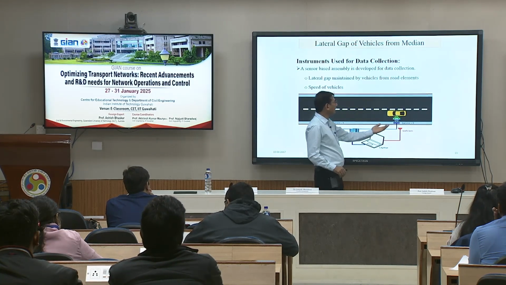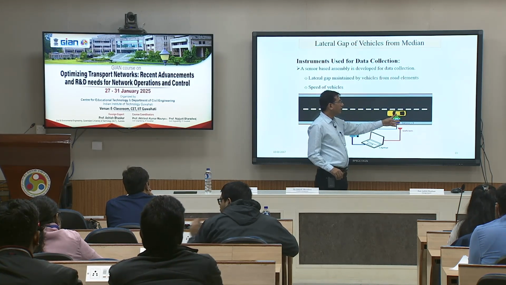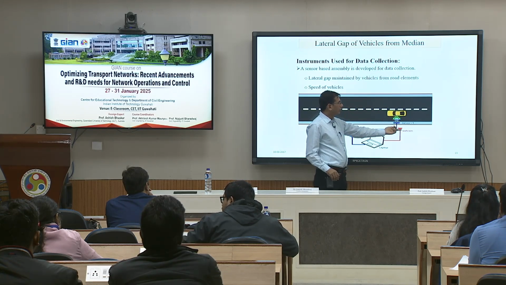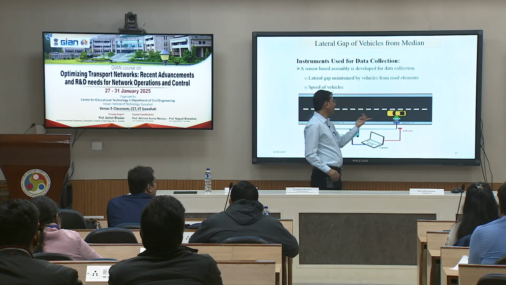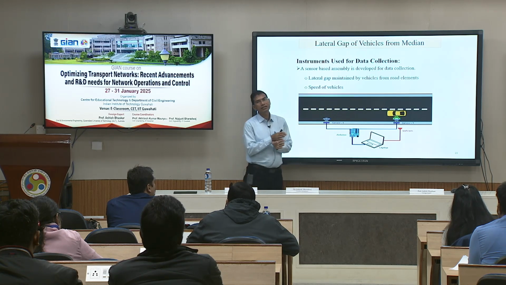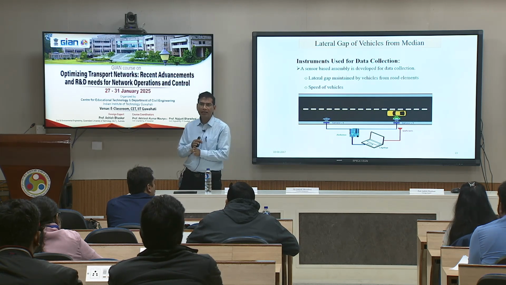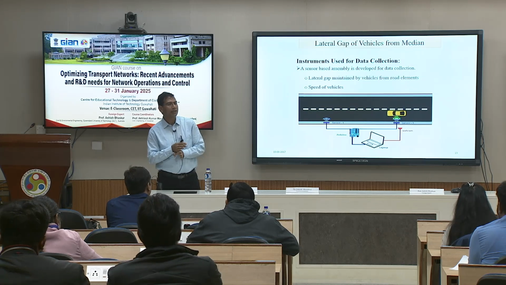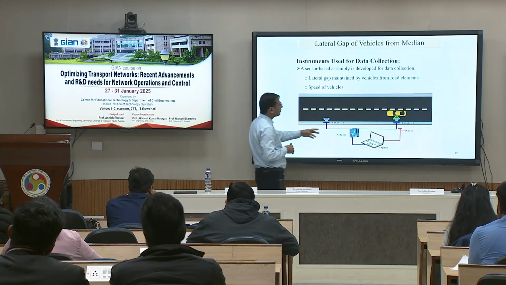The idea here is to get the vehicle type with the webcam, and vehicle speed and lateral clearance, because this lateral clearance, what we observed, depends upon vehicle type and vehicle speed. So we wanted to collect both.